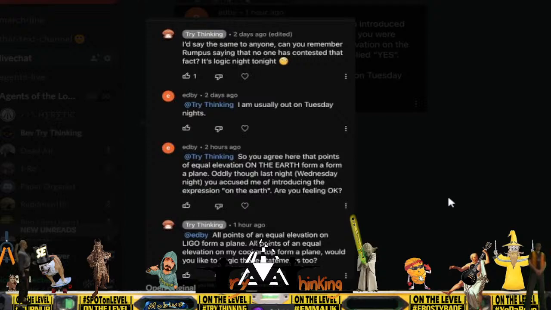Oh, Spooky November in the chat saying the points on LIGO are on a plane, so they're not at equal elevation. Spooky November has decided that a horizontal plane isn't the establishment of all points at equal elevation.